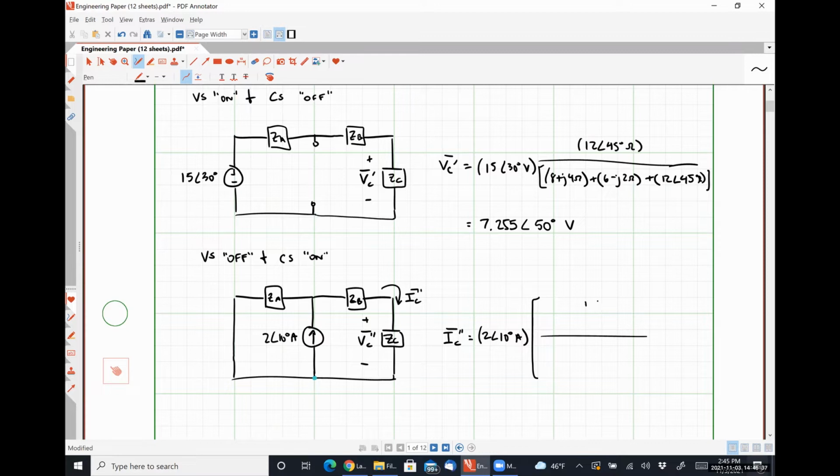So for that case, that would be 1 divided by ZB plus ZC. So that's going to look like 12 angle 45 degrees ohms. And then in the denominator, we're going to have the reciprocal of all of the parallel branches. So that'll be 1 over ZA, or 1 over 8 plus J4, plus 1 over that numerator again.